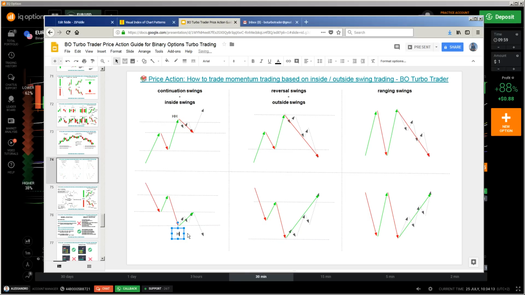Because I get so often the question how I know if price will break through, will reverse or will continue, fake breakouts and all those kinds of stuff. All of that is based on those things here. Here, if it's going to break through the higher low, then we have a reversal or a ranging, it can also be a range after this.